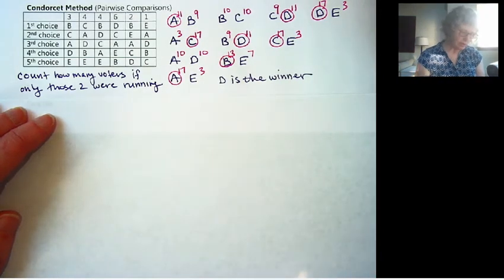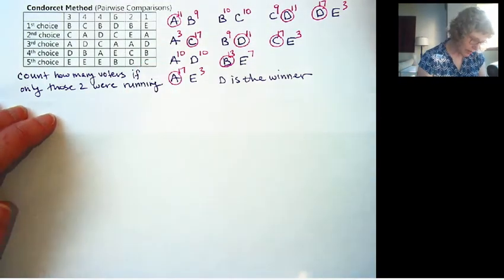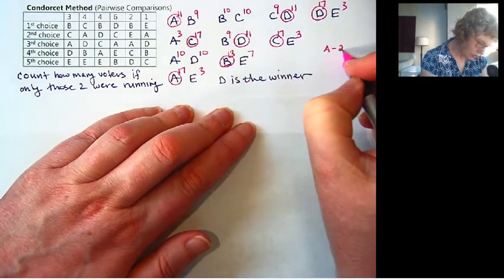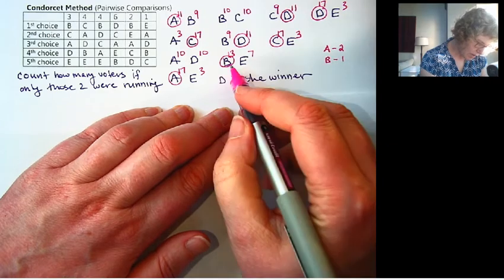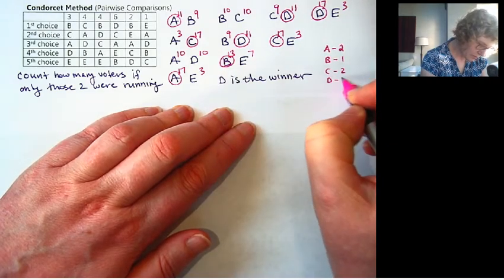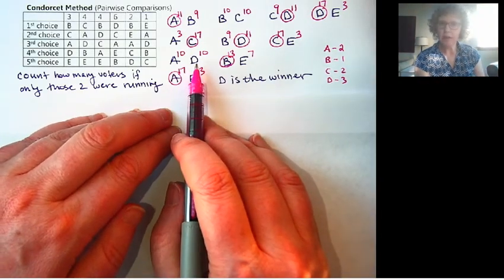Now there's different methods that use this technique, and what's different about them is how they handle the ties. So we could award points based on how many, like A has 2, B has 1, C has 2, and D has 3, but also for the pairs we could go ahead and give them a half a point.